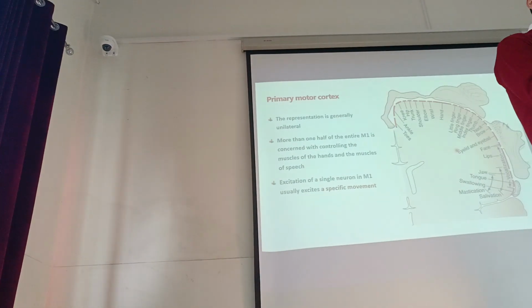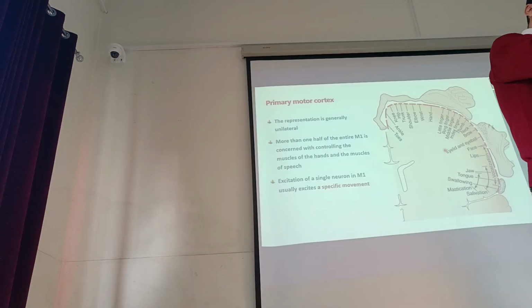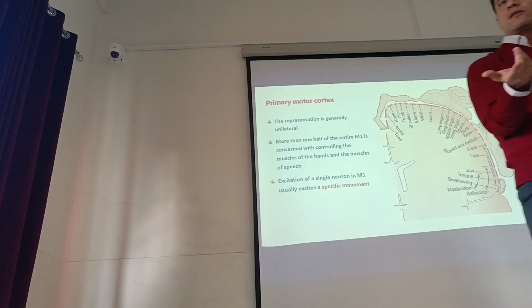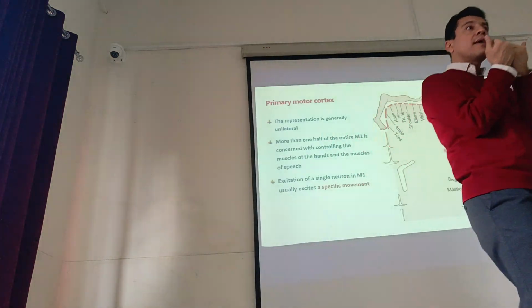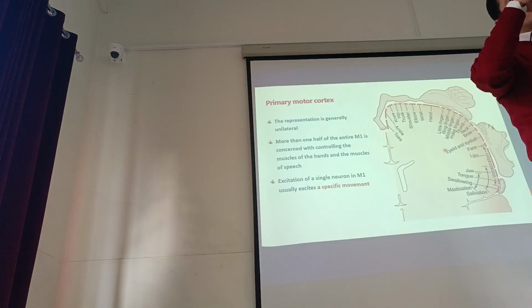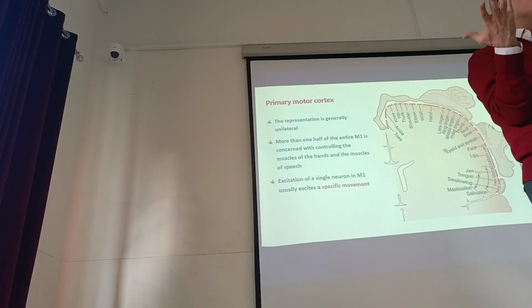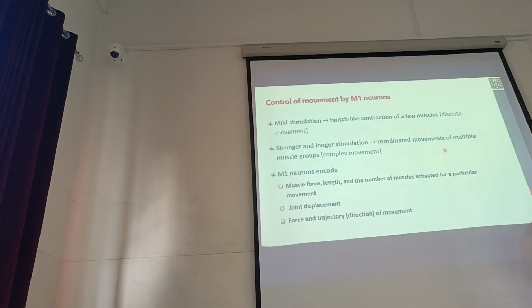We can touch something, we can write, we can use scissors, we can cut, we can hammer. We can use a screwdriver. So several functions are performed by hands and also by the face, because we talk with our face, with our lips. And speaking is a very complex movement, right? So we need a very large area in the brain for control of movements in the face and hands. Okay. So let's go on.